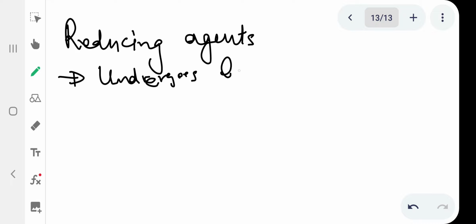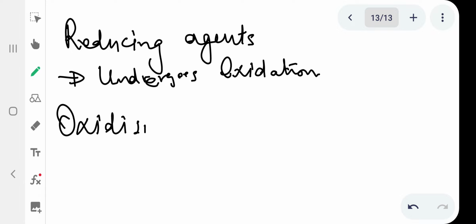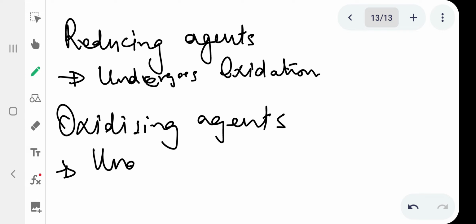And the oxidizing agent causes the other substance to be oxidized, so it is the substance that undergoes reduction.